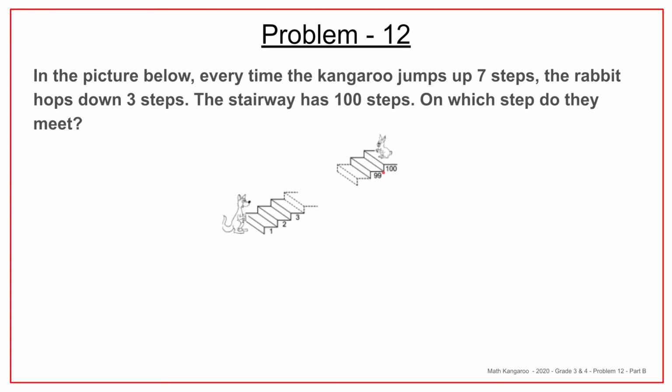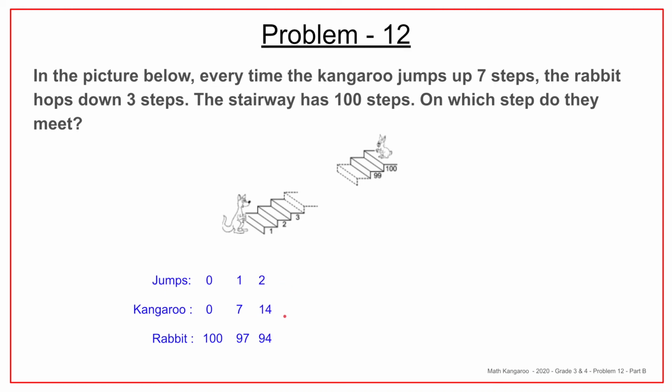So let's start. Let's see how many jumps the kangaroo makes, and the rabbit, and then we can see where they meet. At jump 0, the kangaroo is at 0, the rabbit is at 100. At jump 1, the kangaroo is at 7 and the rabbit is at 97.